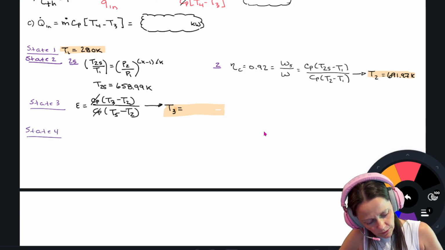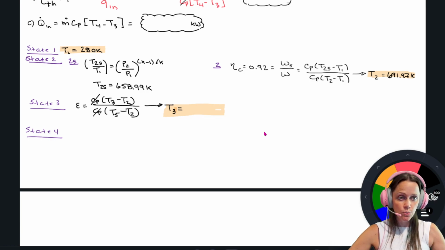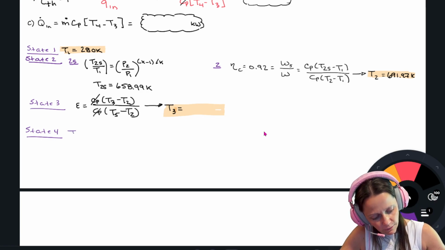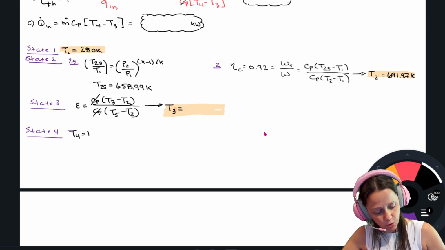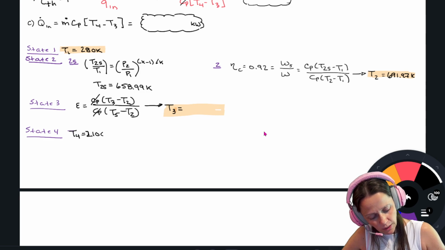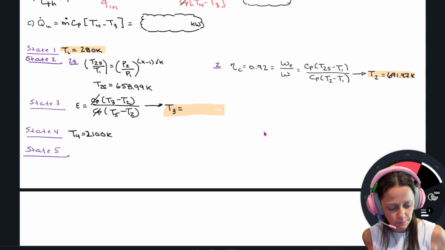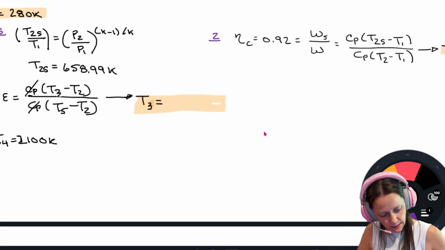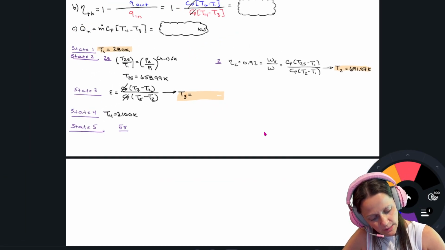All right, let's go on to state 4. State 4 was the highest possible temperature in that cycle. They gave that to us, although a little indirectly. T4 is equal to 2100 Kelvin. And then we get state 5. Not only do I need state 5, but I need 5S.